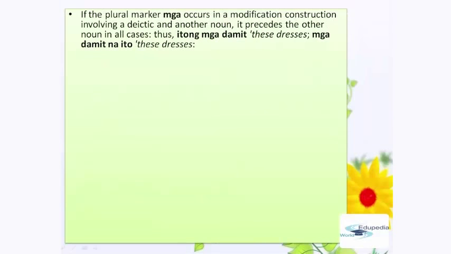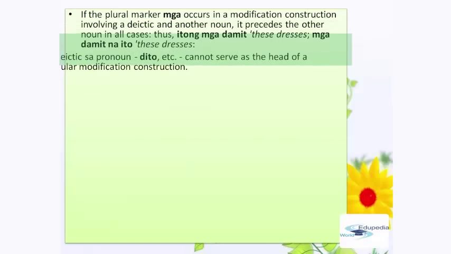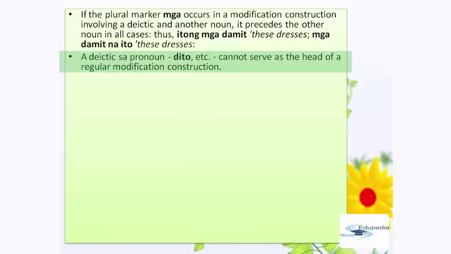If the plural marker mga occurs in a modification construction involving the deictic and another noun, it precedes the other noun in all cases. Thus, itong mga damit, these dresses, mga damit na ito, these dresses.